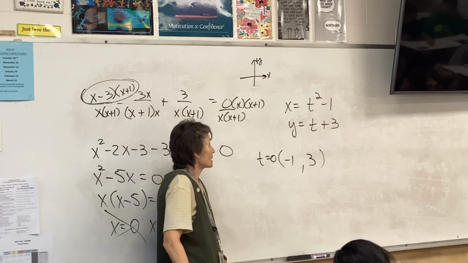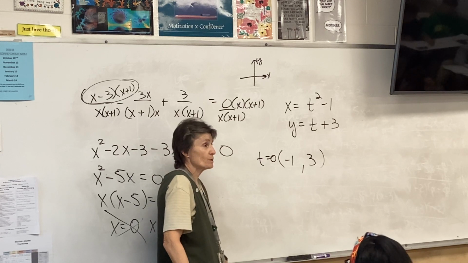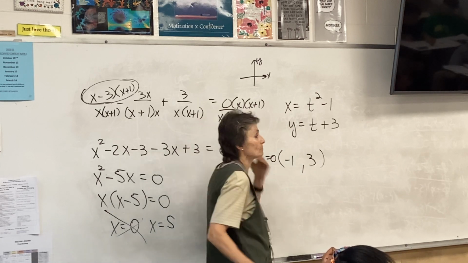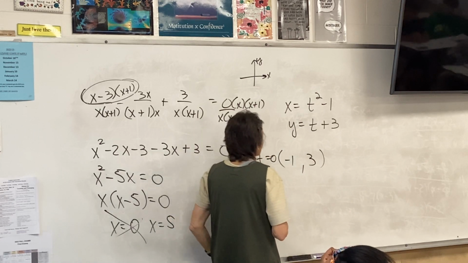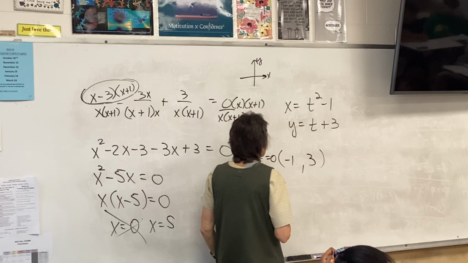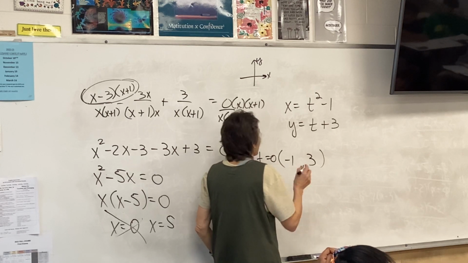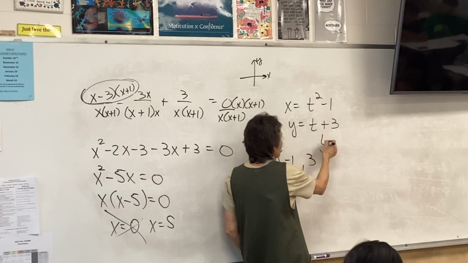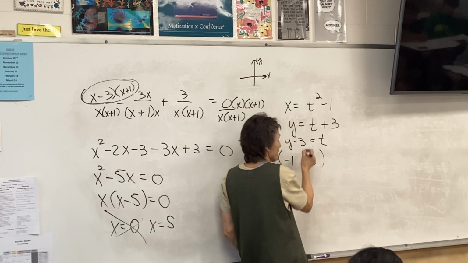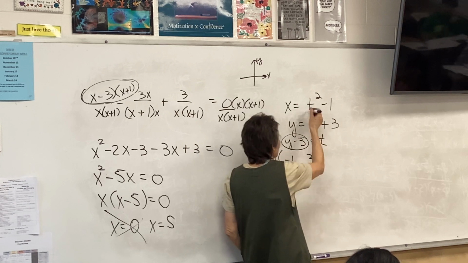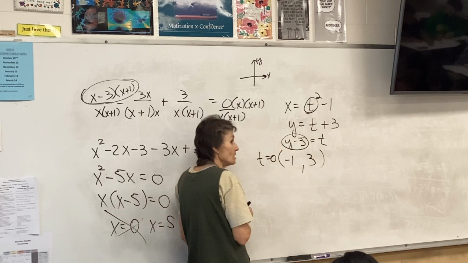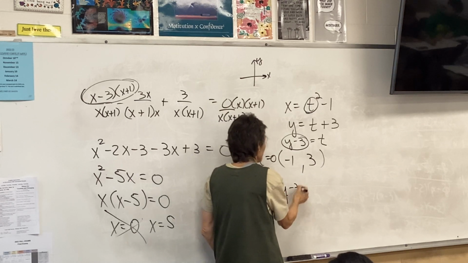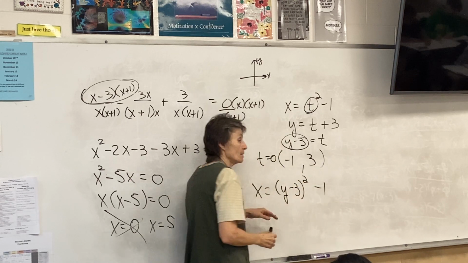All right. How do you suggest we do that? You set it up where x equals, in parentheses, y minus 3 squared minus 1. Okay, so we're going to substitute. So we're going to solve for t. So t is y minus 3. And then we're going to take that y minus 3 and plug it right in there. So x equals (y minus 3) squared minus 1.